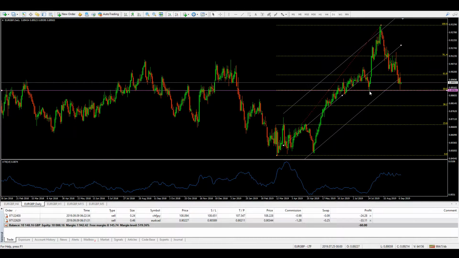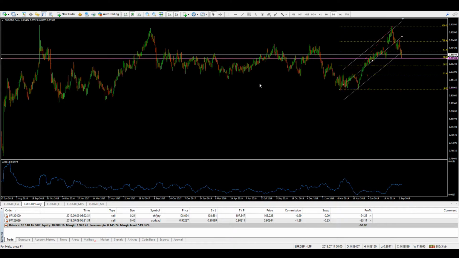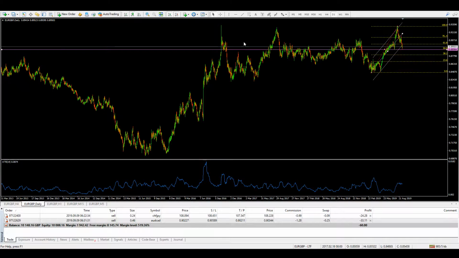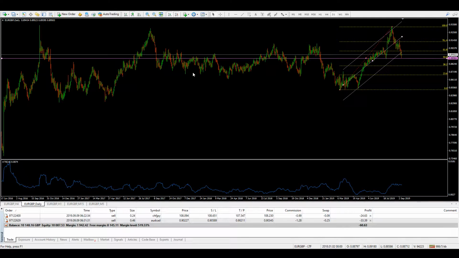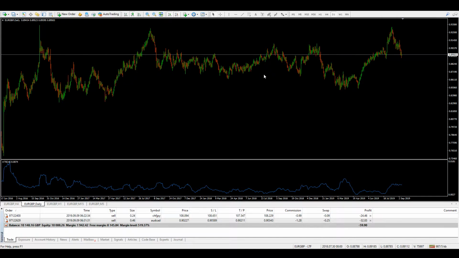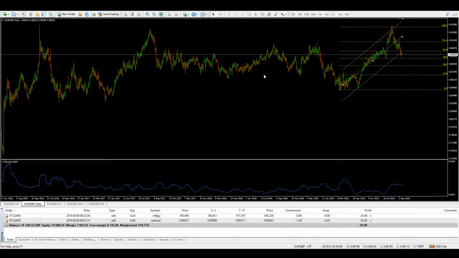So this level here interacted here. See how far that goes back. It's kind of zonal around these levels here. So it has meaning, but the question is to ask, how can you get long on this? Well, the way to structure it is to consider stop losses below this level.